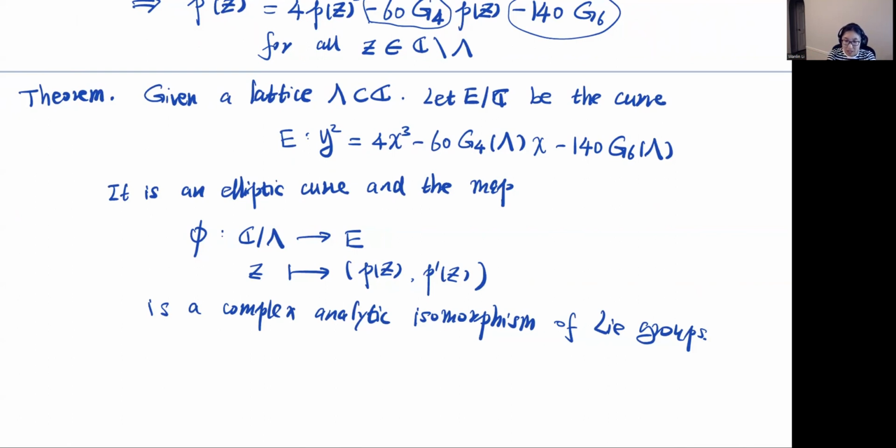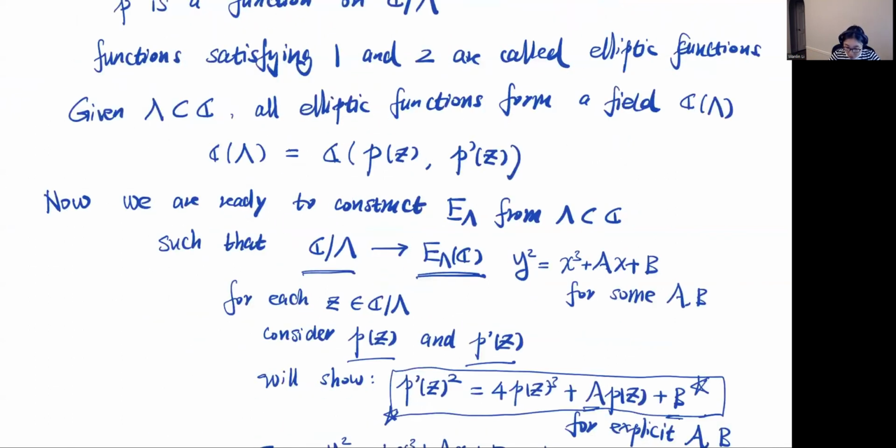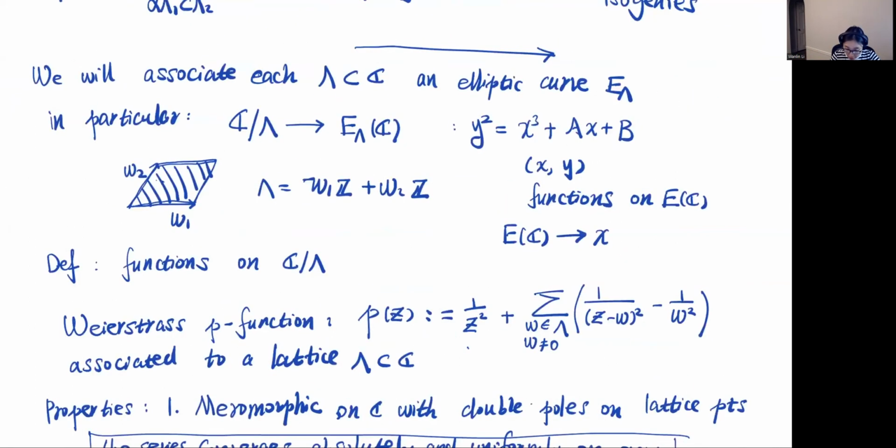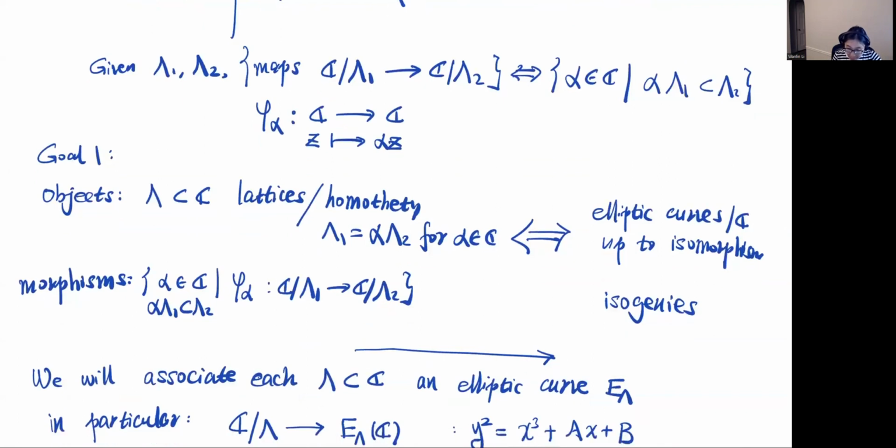Okay, so now we have done half of our goal one. Our goal one was to identify two categories, namely lattices in C up to homothety and elliptic curves up to isomorphism. Now, to each lattice in C, I have associated an elliptic curve. Now it's time to go backwards. If I give you a complex elliptic curve defined over the complex numbers, I want to find the corresponding lattice.